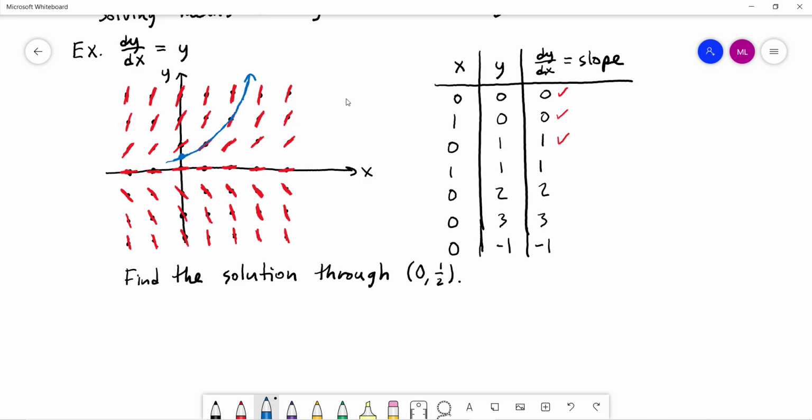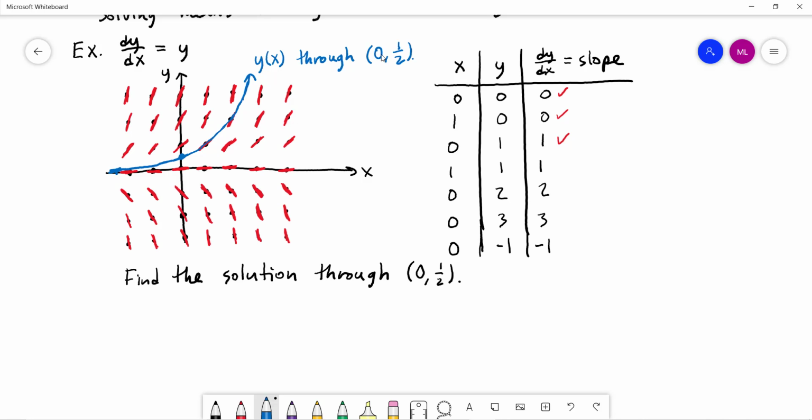And then as I come back this way, it looks like maybe it's kind of leveling off and going closer to the 0. So that is one solution. This is basically one possible y of x through the point 0, 1/2.